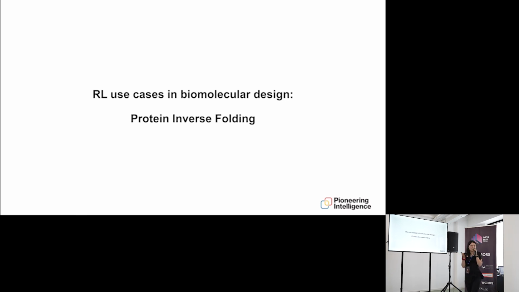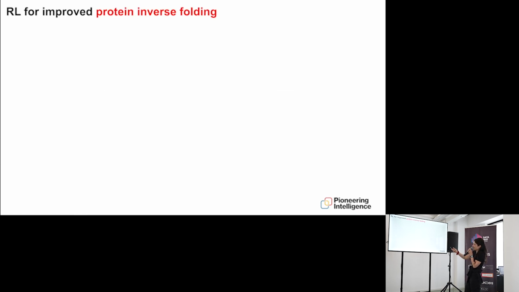Okay. So now that you know policy gradients, you're actually more or less ready to dive into a bunch of different use cases. The first one that I want to discuss is protein inverse folding. Again, for those that attended the protein forward folding talk yesterday of AlphaFold 3, now we're trying to do the reverse.